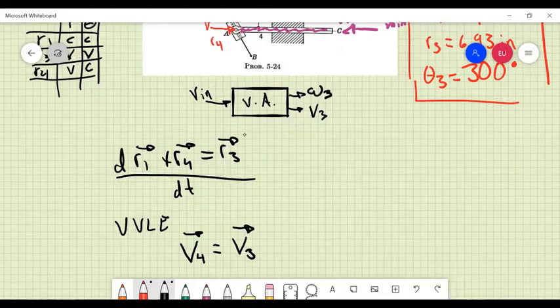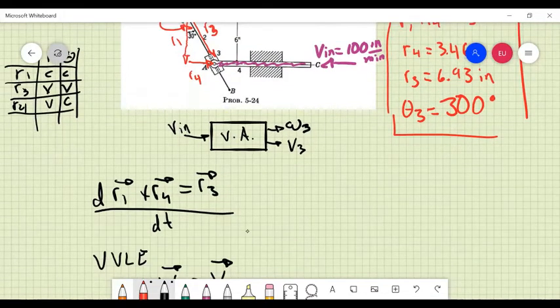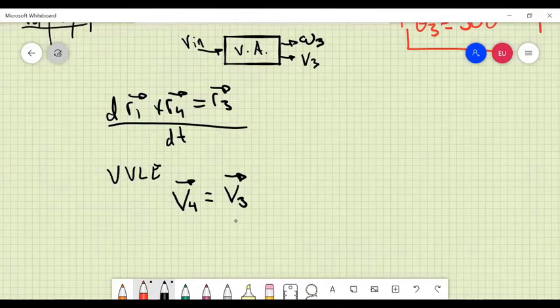Which is basically telling me that the velocity at this point is the same for both the one that is coming from R3 and the one that is coming from R4. That's what this vector is telling me. Okay, now let's think which type of vector this velocity vector will be. For instance, R4, which type of vector is R4?